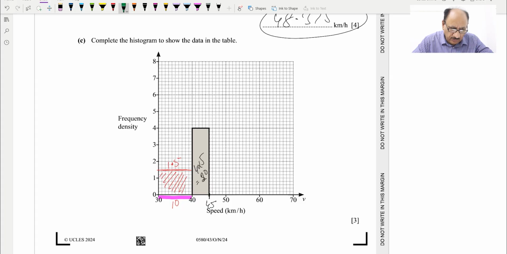So 5 multiplied by 7 will be 35. 7 into 5 will be equal to 35. So we will be taking up to 7.